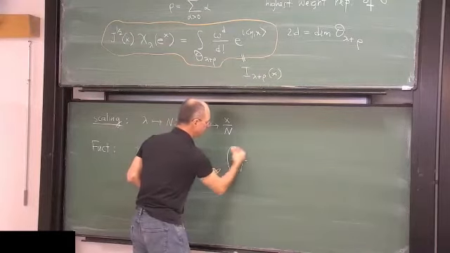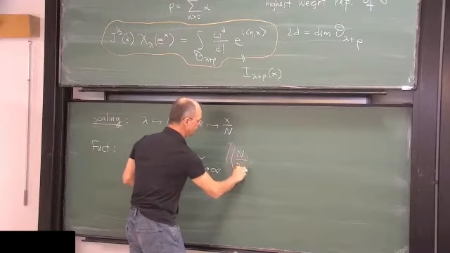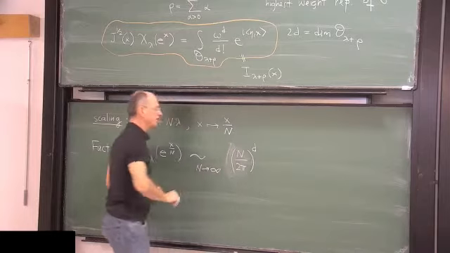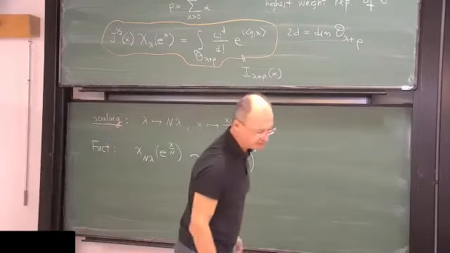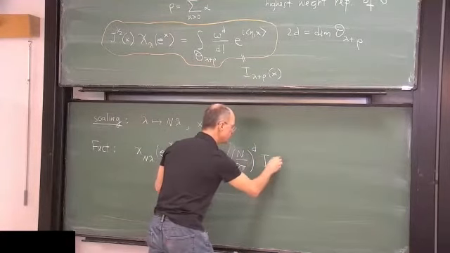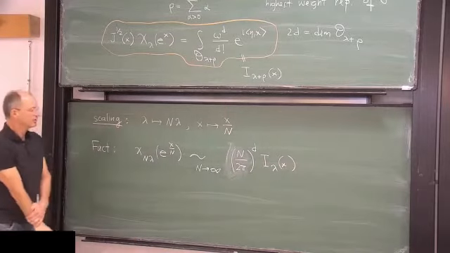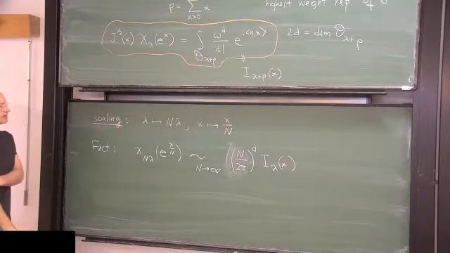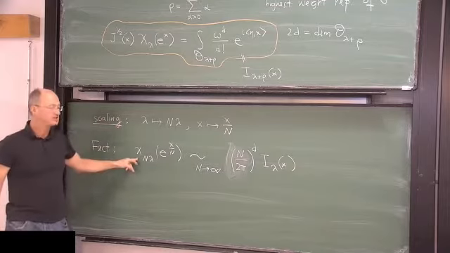So N over 2 pi to the power d, where d is half of the dimension of the orbit, times I lambda of x. So that's the asymptotic behavior of the character when N goes to infinity.